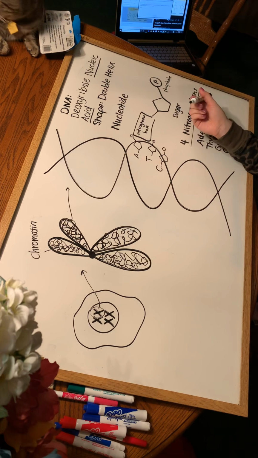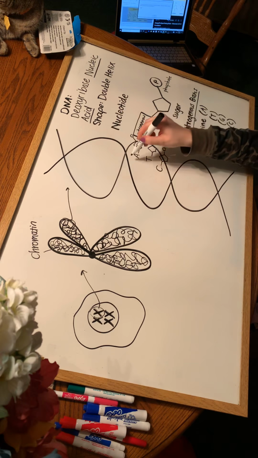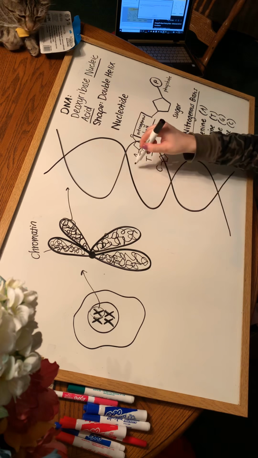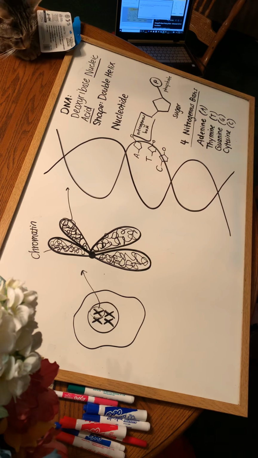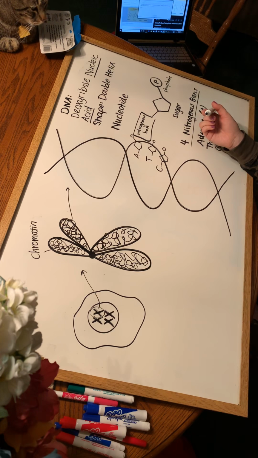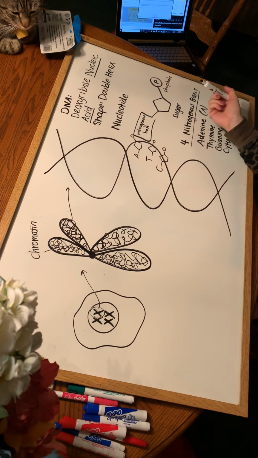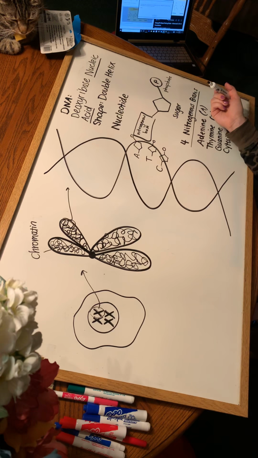Now, this is a double helix, so we only have one strand done so far. There is a complementary strand on the other side. How do we know what nitrogenous base matches on the other side? Well, there's a scientist by the name of Erwin Chargaff who came up with Chargaff's rule after lots of studies.